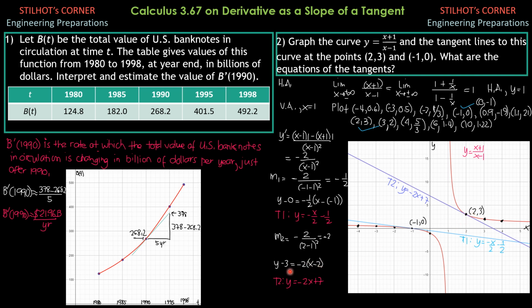Simplifying, y is equal to -2x, which is this, -2 times -2 is 4, then plus 3 is 7. So y equals -2x plus 7. The slope is -2. The y-intercept is 7. That's why it passes through 7 here, (0, 7). And this is the first point, then extend the line. So this is the tangent, y equals -2x plus 7.